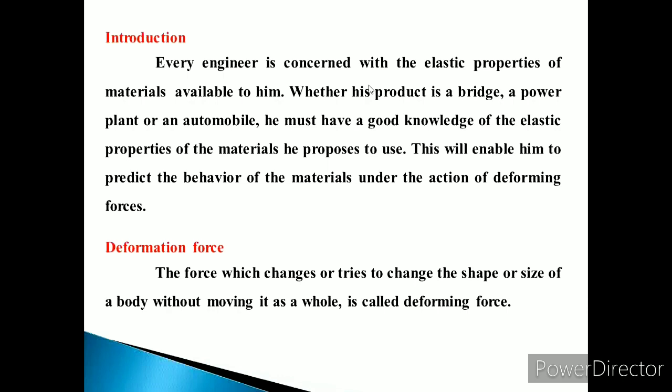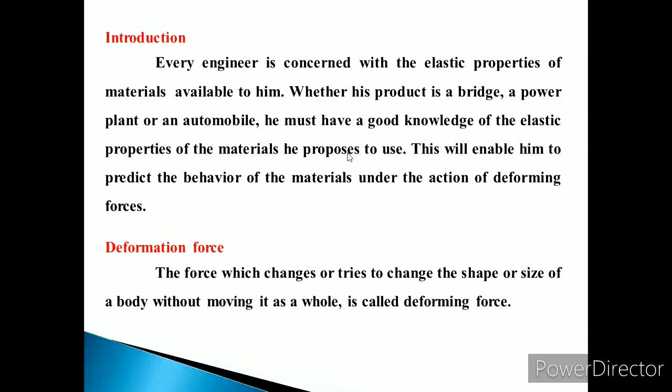That is the interatomic force. That means, due to the interatomic forces, each and every atom is bound together. That is a binding force between the 2 atoms. What is the role of this binding force in elasticity?